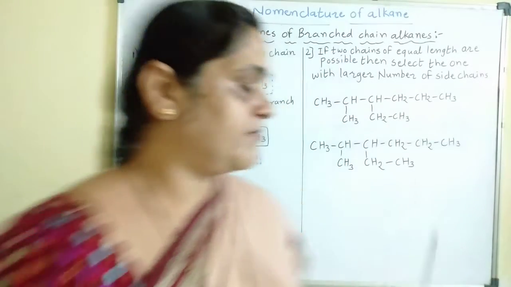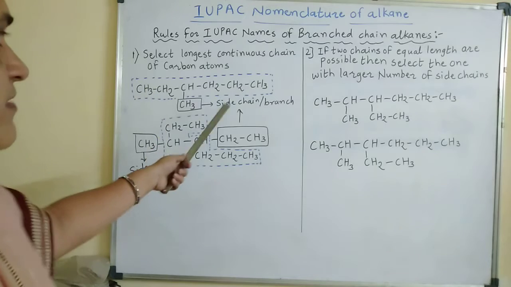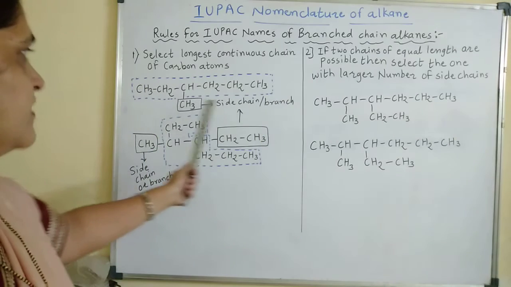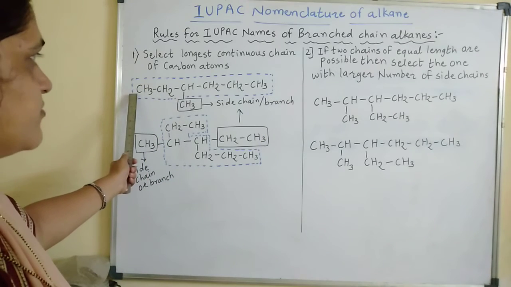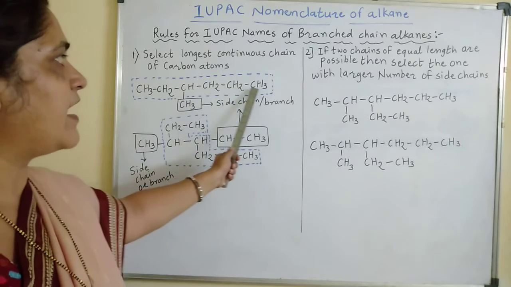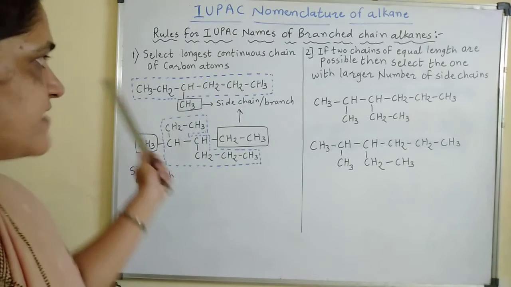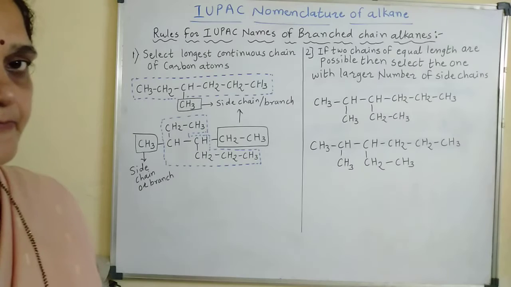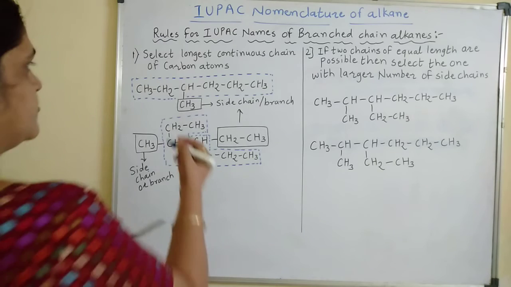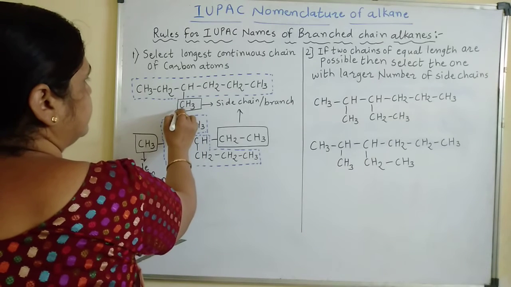In the first example, you will find that it is a straight carbon atom chain which has the maximum number of carbon atoms. So if you select this carbon chain, then 1, 2, 3, 4, 5 and 6. A total of 6 carbon atoms are there in a straight chain. You can select from this portion also, including this CH3 branch.